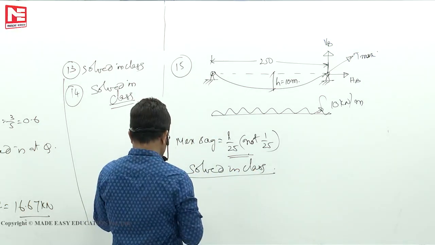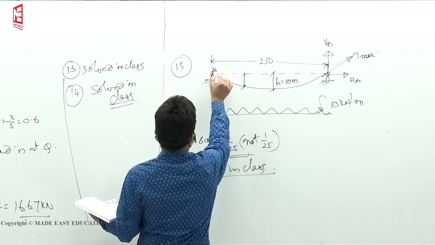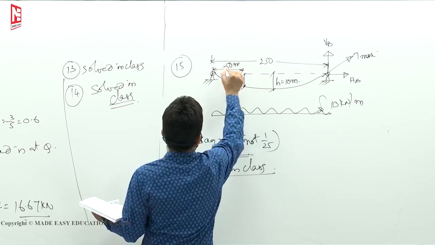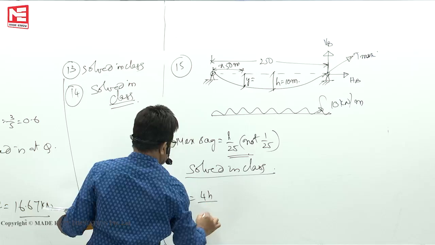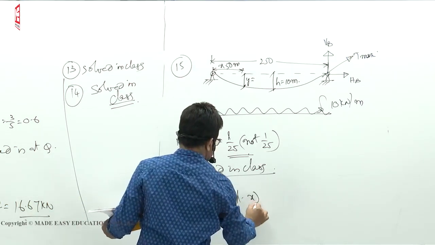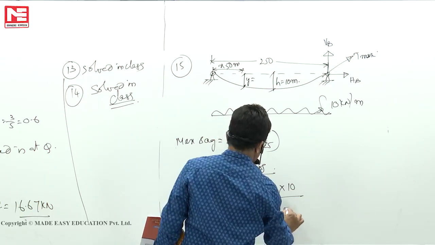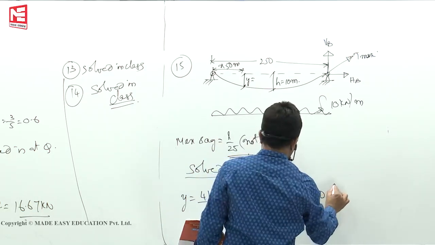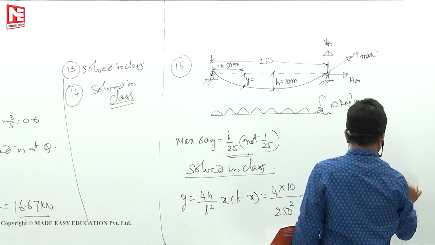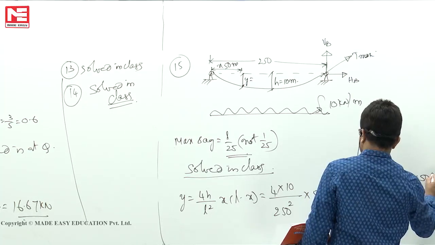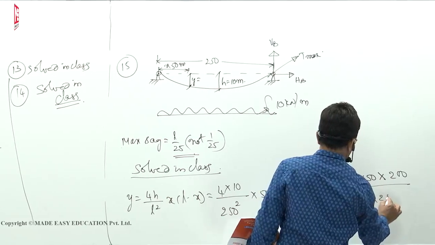Then also compute the sag at 50 meters from one end. This is 50. What is the sag? So y is equal to 4h by L square into x into L minus x. 4 into h is 10 meters, L square 250 square, x is 50 meters, L minus x is 250 minus 50. So you will get 4 into 10 into 50 into 200 by 250 into 250.